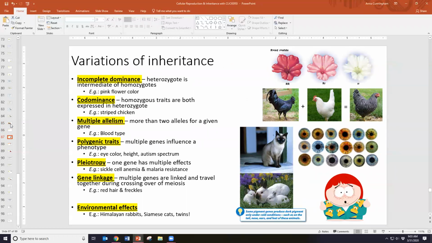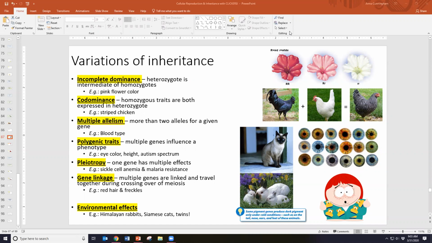We talked about variations on Mendelian inheritance. For example, incomplete dominance, where instead of the heterozygote expressing the dominant phenotype, the heterozygote expresses an intermediate phenotype, as shown by the flowers. If the dominant and recessive are red and white respectively, the heterozygote would be in between, or pink.